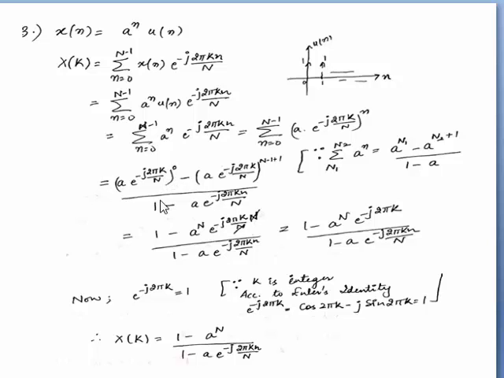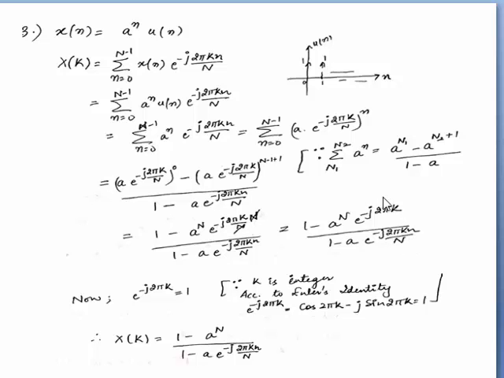Something raised to power 0 is 1, so it becomes 1 minus a into e raised to power minus j 2 pi k over N. This minus 1 plus 1 will cancel out. It only remains power N. So it becomes 1 minus a raised to power N e raised to power minus j 2 pi k in the numerator. In the denominator we have 1 minus a into e raised to power minus j 2 pi k over capital N.